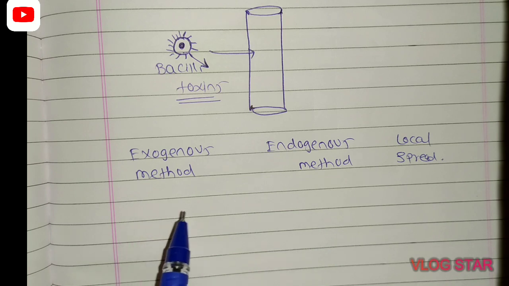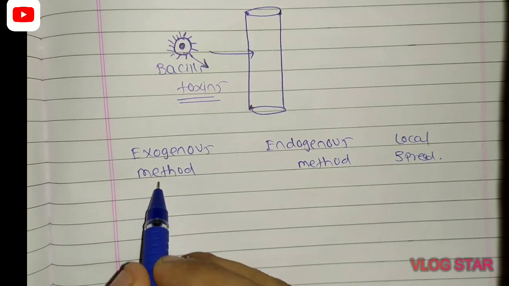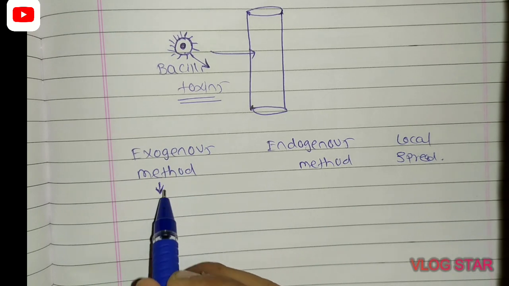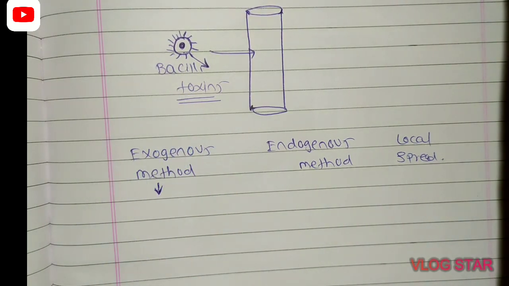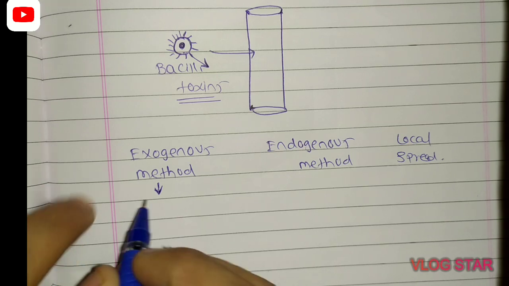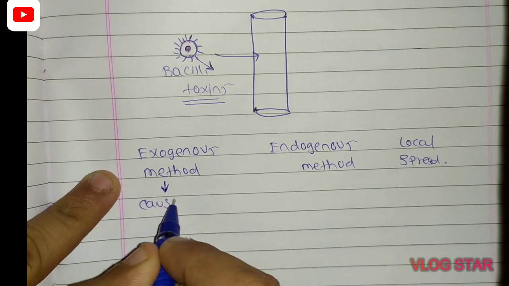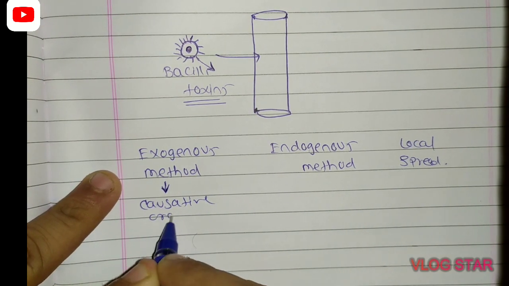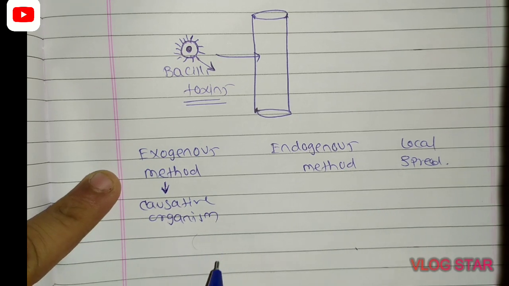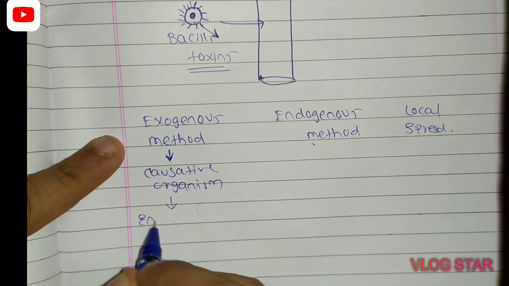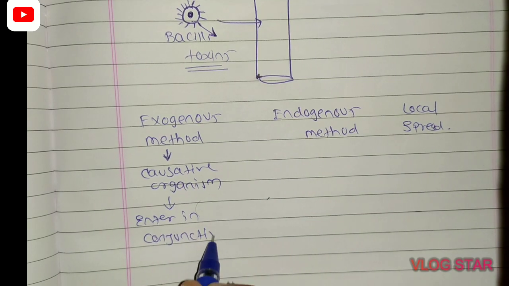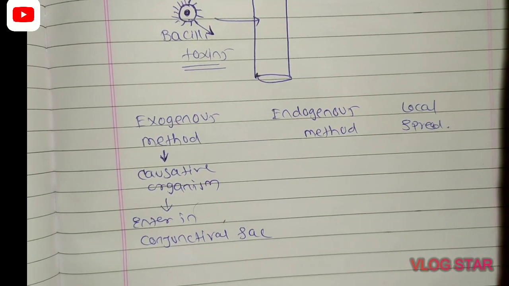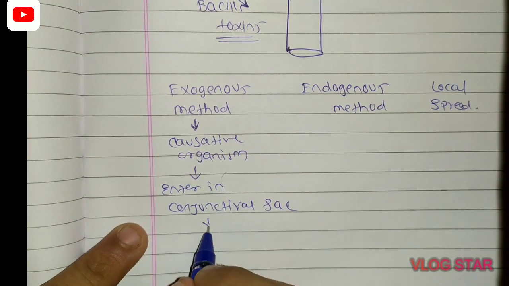So what occurs in the exogenous method? The name itself indicates that here the causative organism, such as a bacillus, enters into the conjunctival sac from outside.